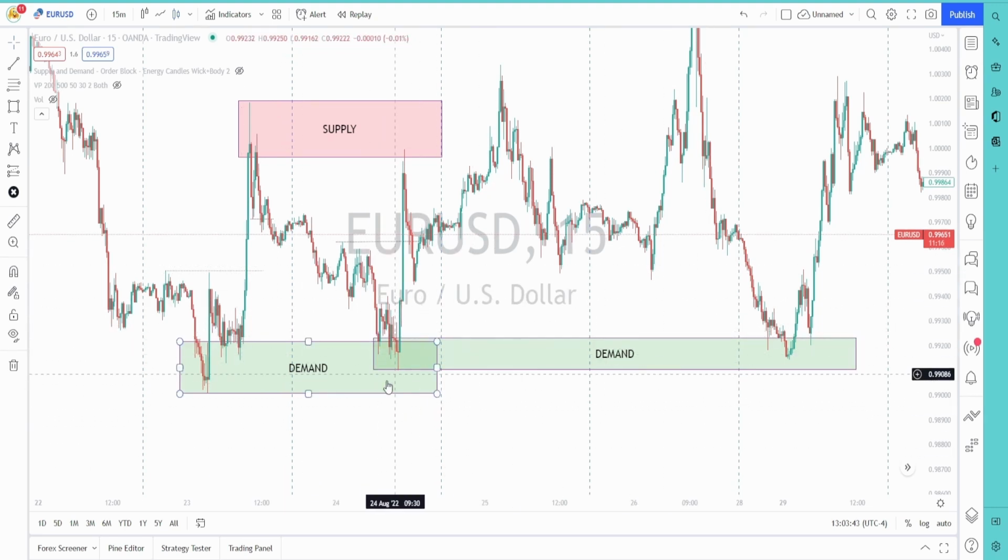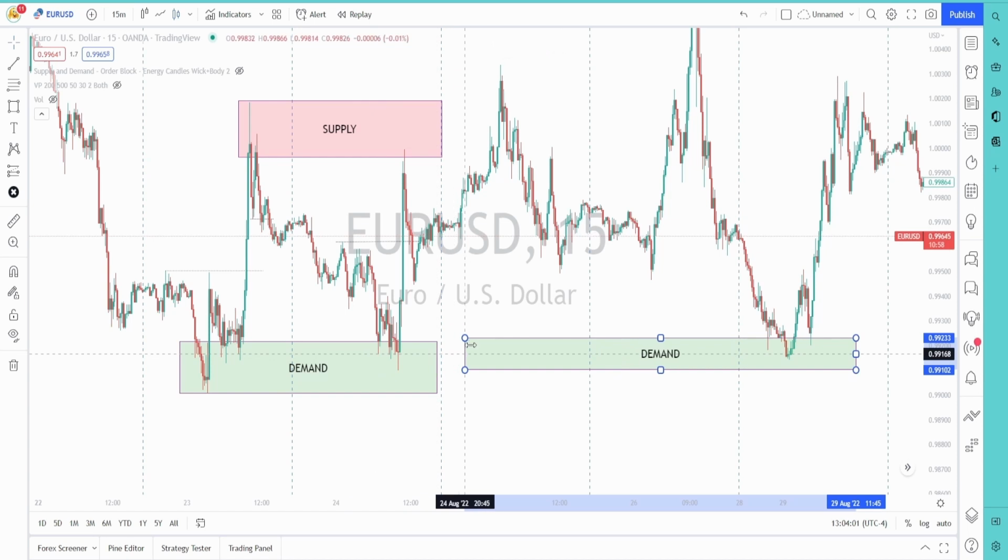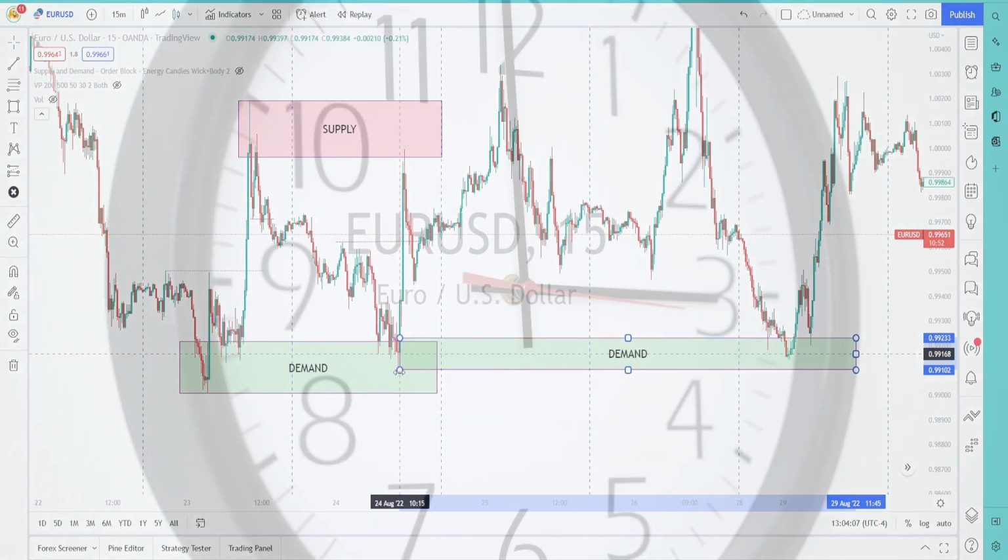And again, price broke structure. So we had this area marked off, and you're just looking for the area of demand for price to return back to.